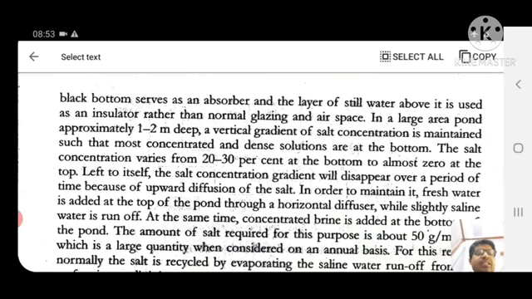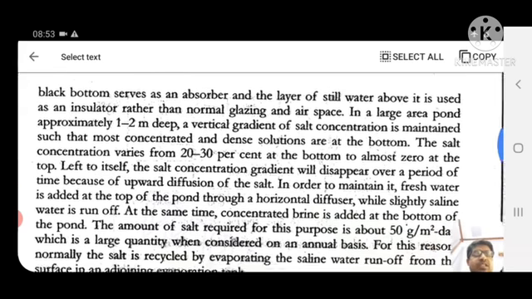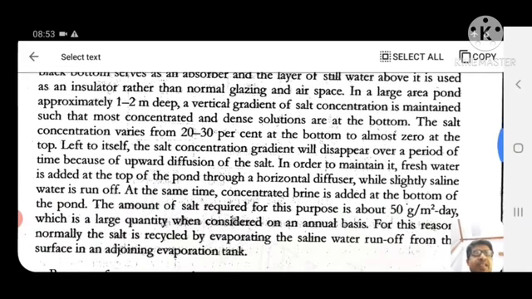In a large area pond approximately 1 to 2 meters deep, a vertical gradient of salt concentration is maintained such that the most concentrated and dense solution is at the bottom. The salt concentration varies from 20 to 30% at the bottom to almost zero at the top.